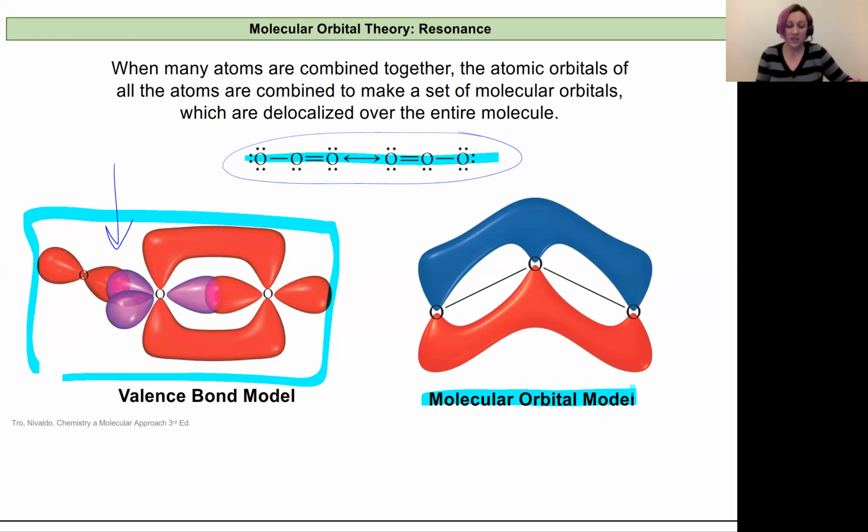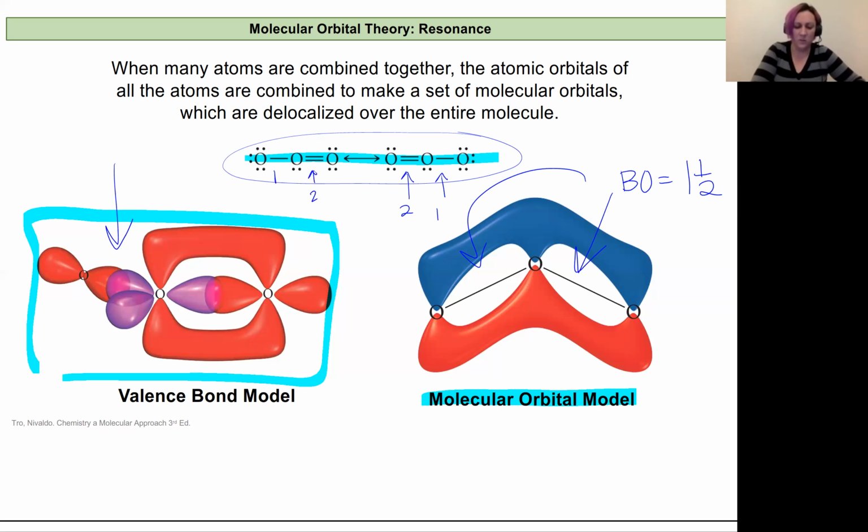So without having to draw multiple structures, you get one clear picture: the bond order at each of these oxygen-oxygen bonds within this molecule is 1.5. And that's without having to think of it as two bonds and one bond that flip around and move things around. Instead, we just build something that has a bond order of 1.5, and it doesn't have to be estimated. That's part of the power behind this model.